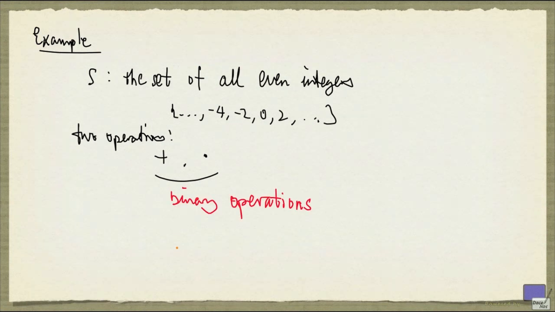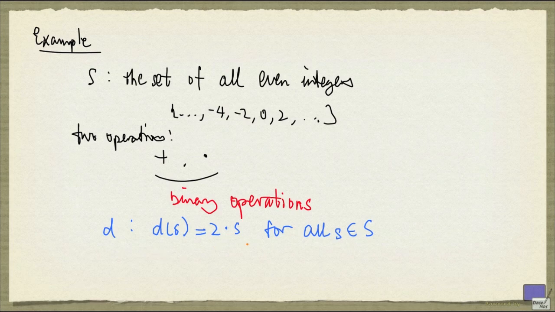But there's nothing stopping me from defining a 3rd operation. Let me call it D this time. What it does is, it takes an element from S and returns twice the element. So I can write D of s is 2 times s for all s that is an element of my set S. Now, this operation is not a binary operation because it only applies to a single element, and we call this a unary operation.